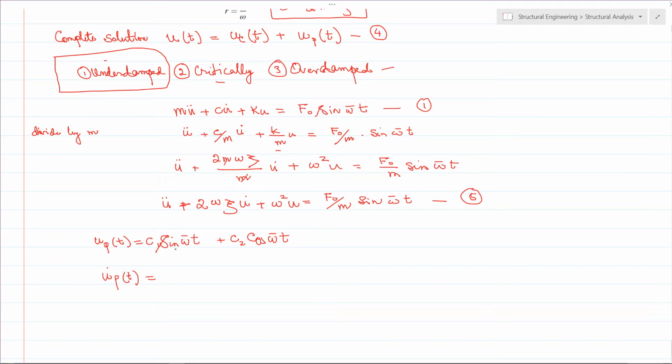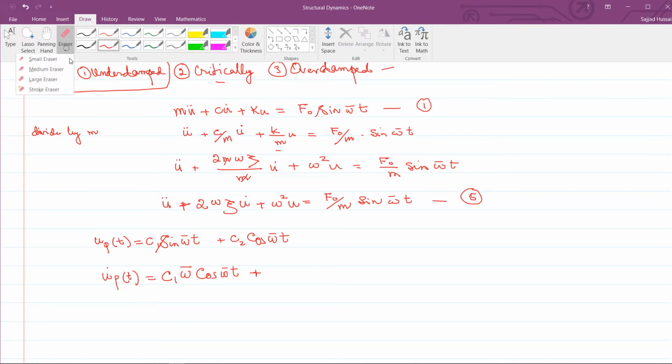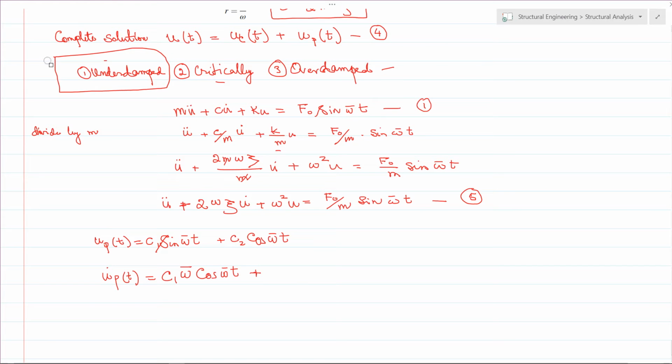Now if we differentiate, derivative of sine is cos, so this will be equals to c1 omega bar cos omega bar t plus, instead of c2, now it will be minus, because derivative of cos is minus sine with a negative sign, so minus c2 omega bar sine omega bar t.